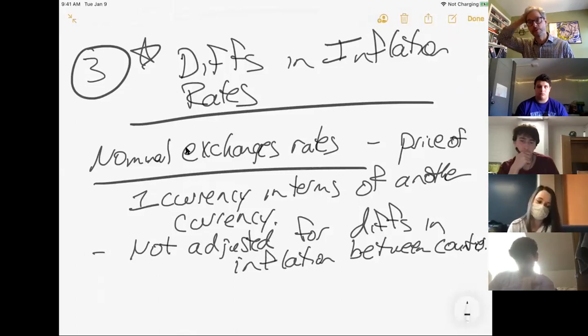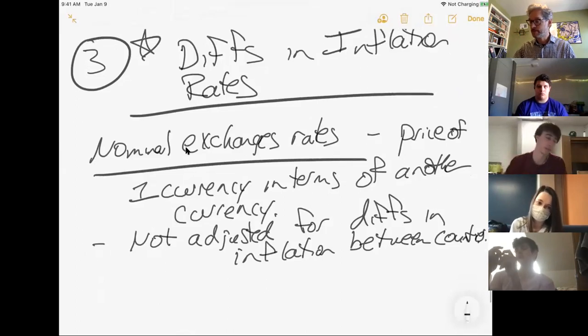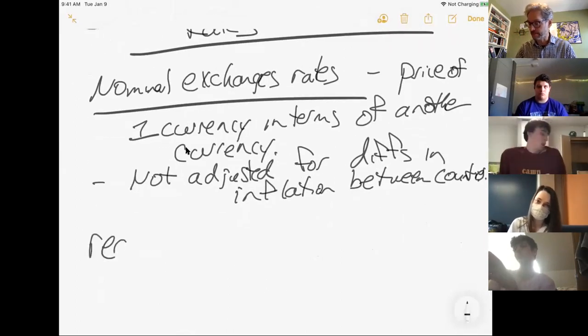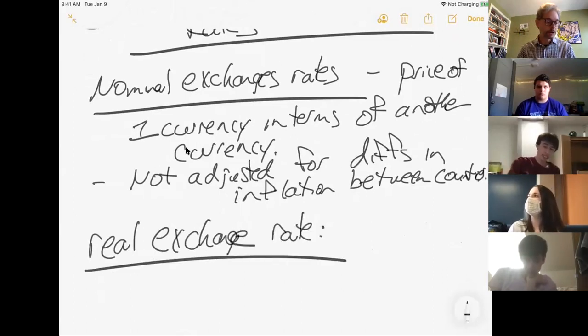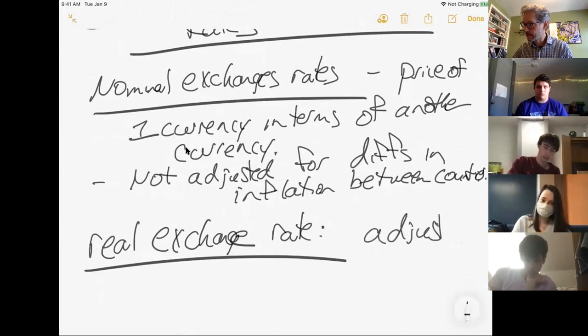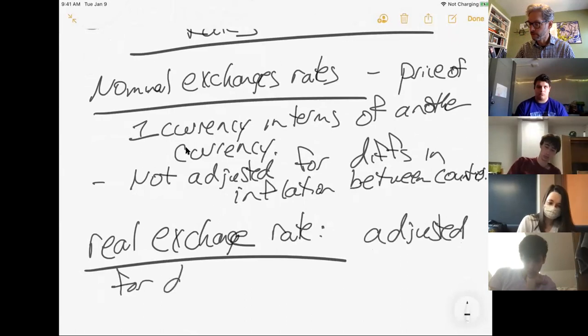You have to think about the real value of what that 100 euros can buy you versus the real value of what $90 can buy you. And so that's what we call a real exchange rate. It's the exchange rate that's adjusted for differences in the price level.